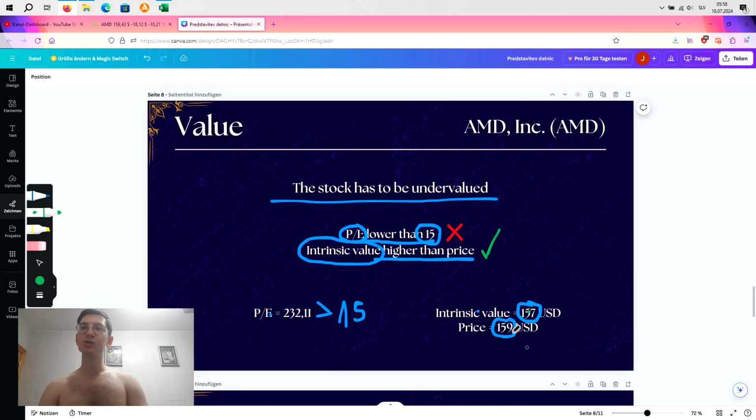So this is what it should have, and this is what it has. It's that simple. Now, is the stock overvalued or undervalued? In my opinion, it's overvalued, because whenever we analyze stocks, we want to be as harsh as possible. So if we have one undervaluation and one overvaluation, that is still overvaluation for us.